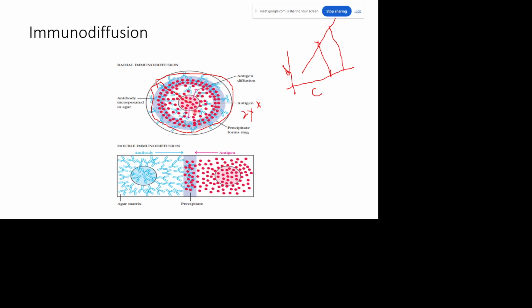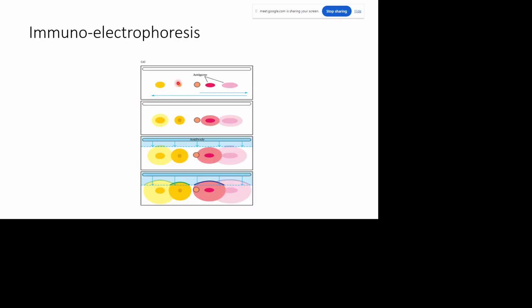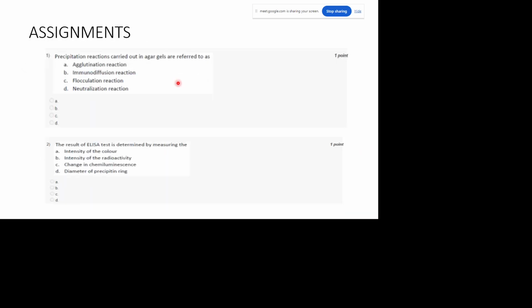The more the distance, the more the concentration. If you increase the concentration of the antigen, the diameter will be more, right? So the concentration is measured by the diameter of the precipitate ring. Of course this cannot be the answer here, because in an ELISA test we don't measure the diameter.